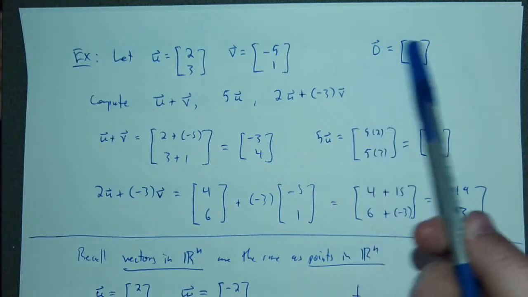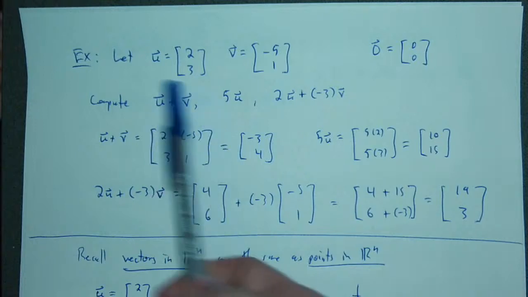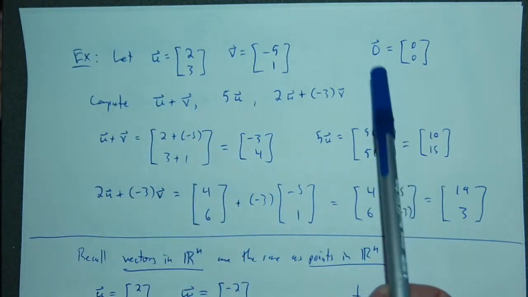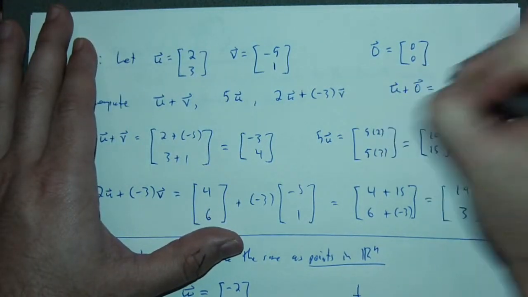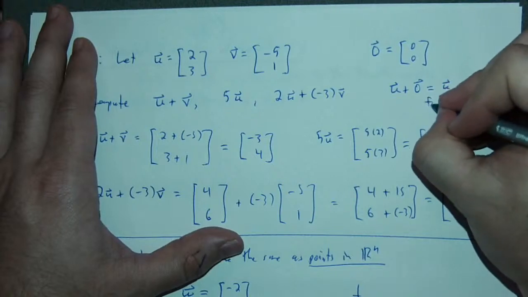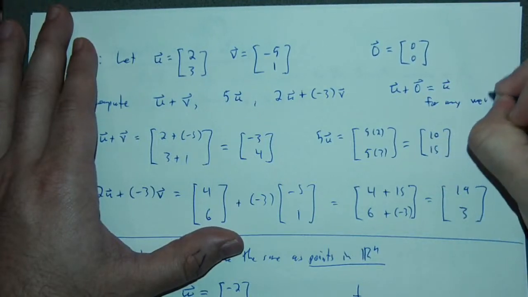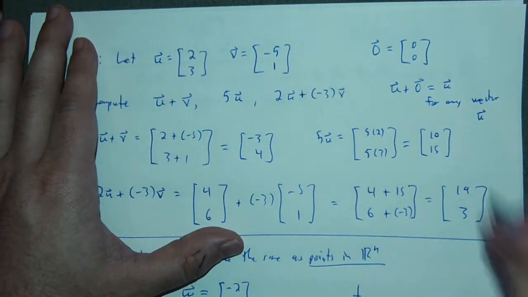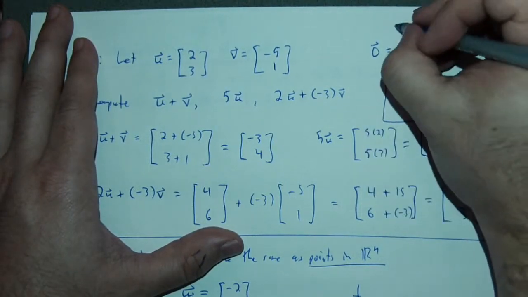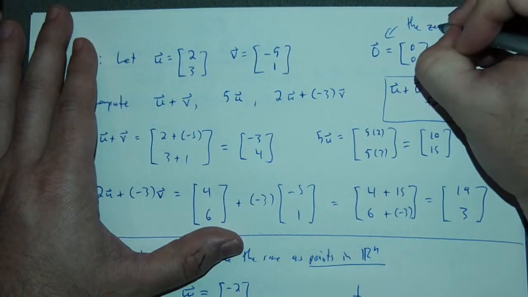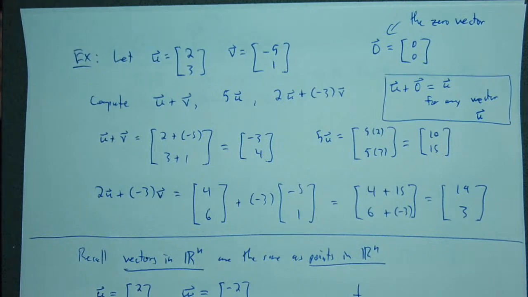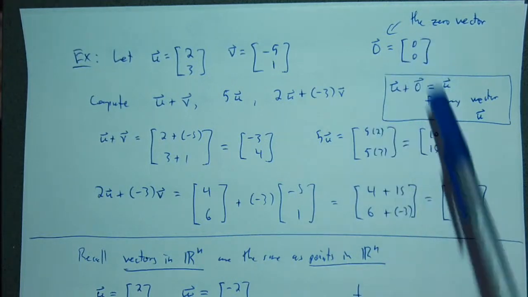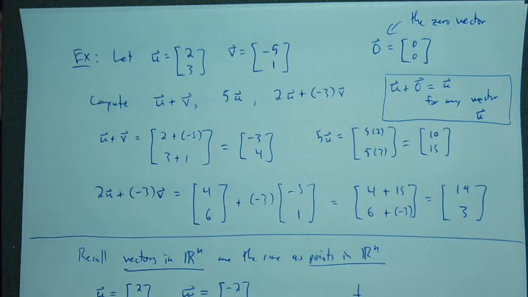But this is called the 0 vector because when it comes to, say, vector addition, this is the 0 object, right? So note, for instance, u plus the 0 vector is always u for any vector u. So this is the 0 vector. Okay, for higher dimensional spaces, the 0 vector has more entries, but the idea is exactly the same. It is just the vector that contains nothing but zeros.